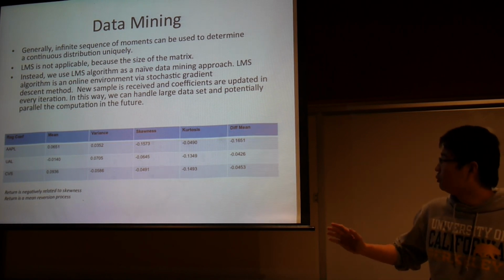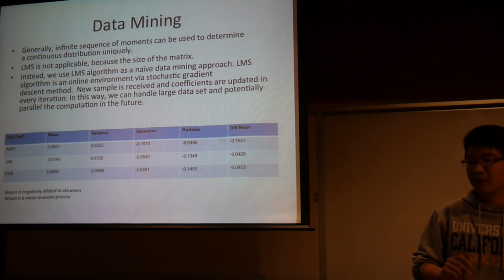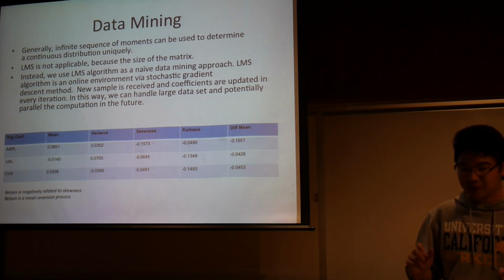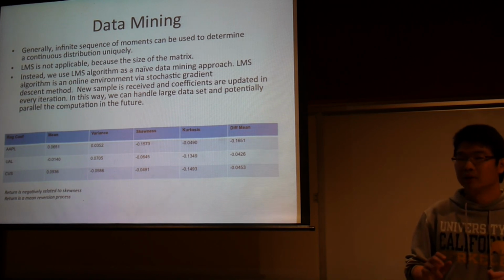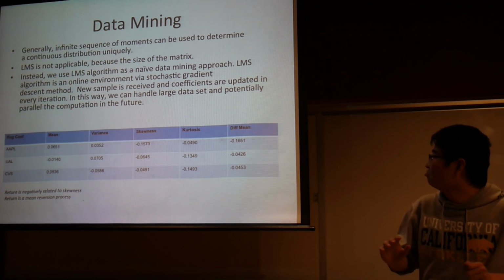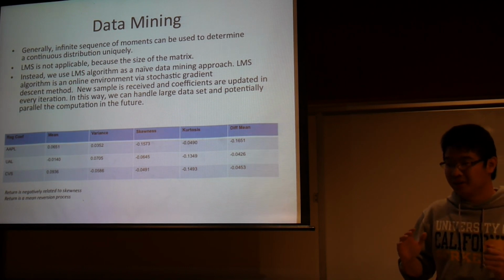So the way we wanted to modify it, we say a continuous distribution can be uniquely described by an infinite number of moments. So we want to find out how well the moments give us a description of our distribution.